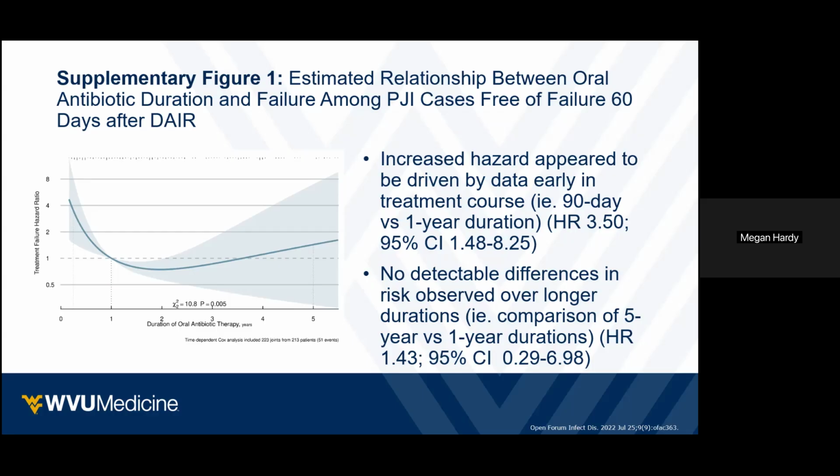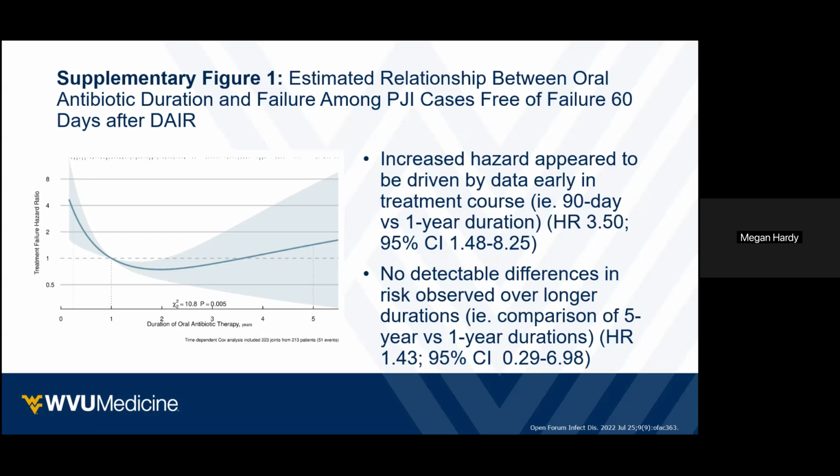However, there was no detectable differences in risk observed over longer durations. So comparison of 5-year versus 1-year durations, for example. So that remains pretty stable, but you can see where after that 1-year mark is where we see that the hazard ratio starts to increase some more, but it's largely stable after that point.